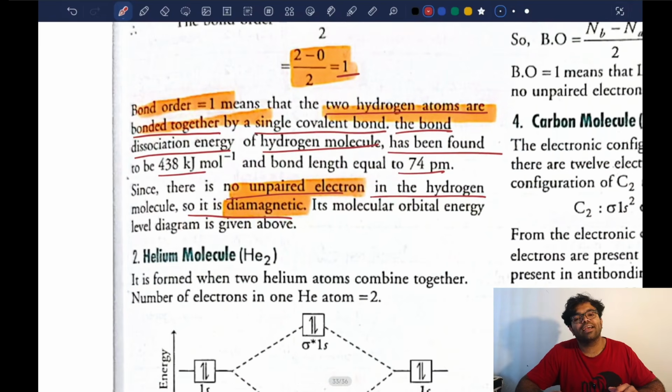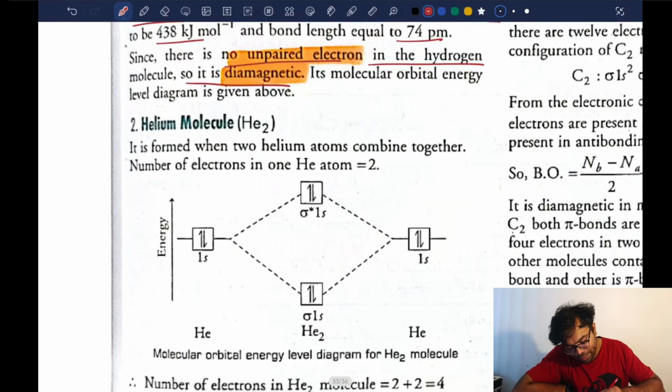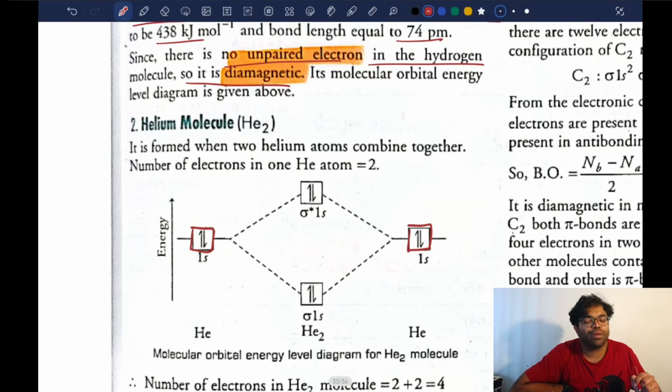Okay, now let us take the example of helium. In the case of helium, what is happening? You have two atomic orbitals from two helium atoms. They are bringing with them what? 4 electrons, 2 in each atomic orbital. With these 4 electrons, we can fill both the bonding molecular orbital as well as the anti-bonding molecular orbital.